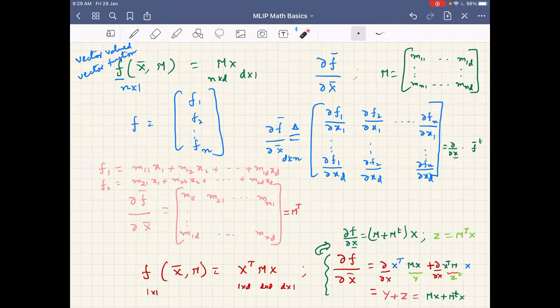No, not there. Here. So dou by dou x into x transpose. If we go according to this small definition which we just derived at the top, the dimensions will not agree, right?